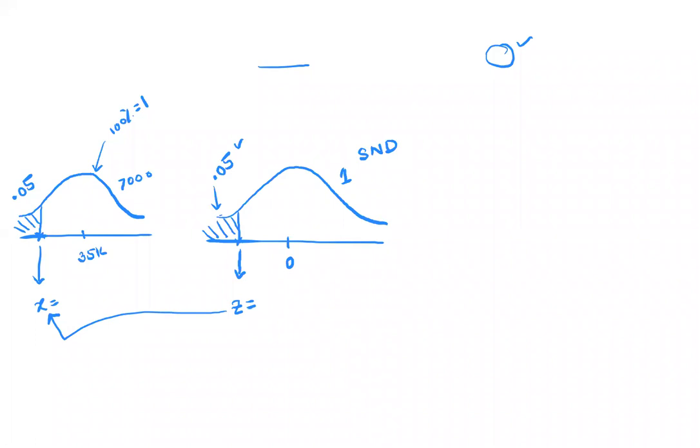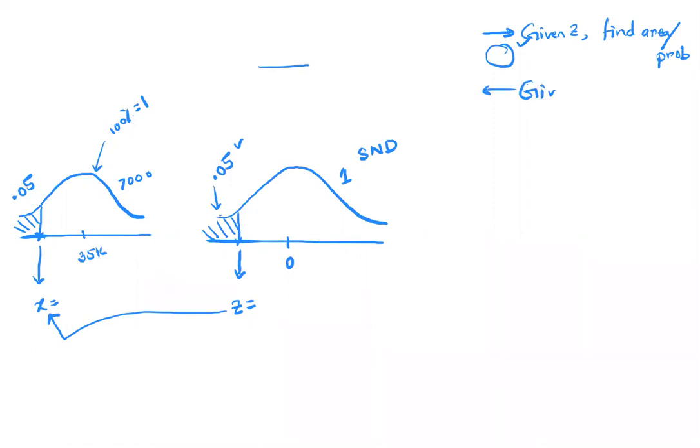So far, we were given z, find area. Area is the same as probability in the continuous case. Given z, find the area. But in this case, we reverse it. We go in this direction. In this one, we go the other way.